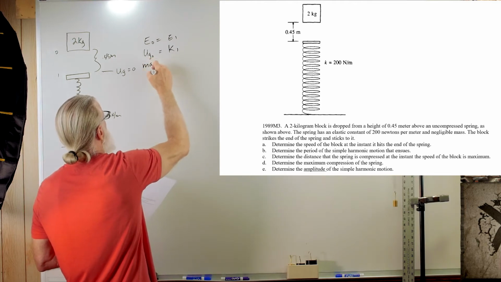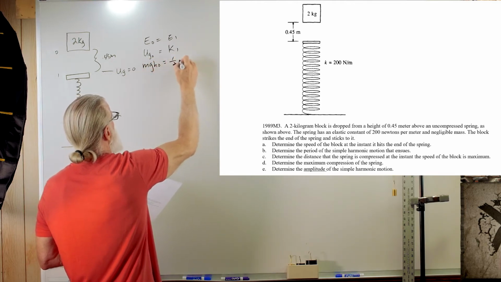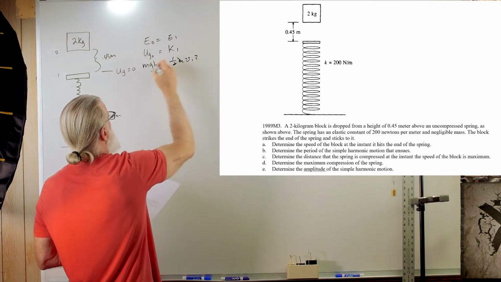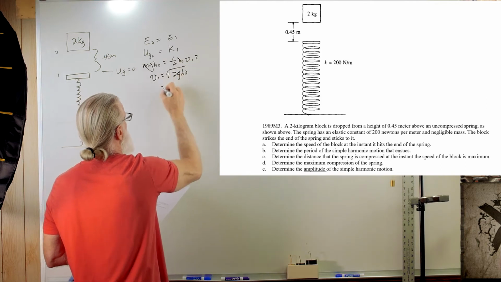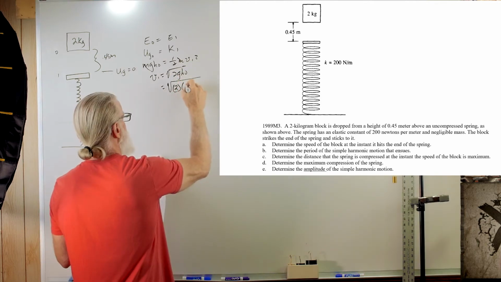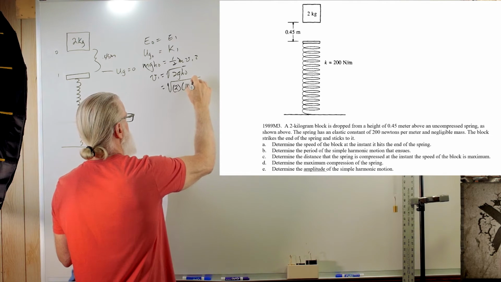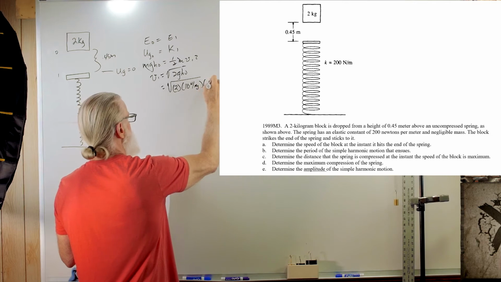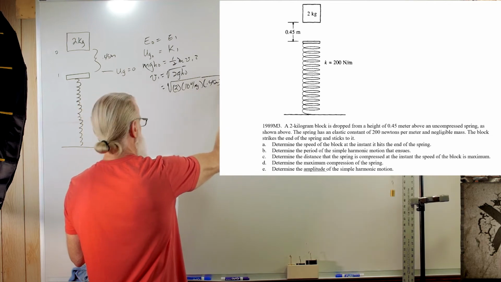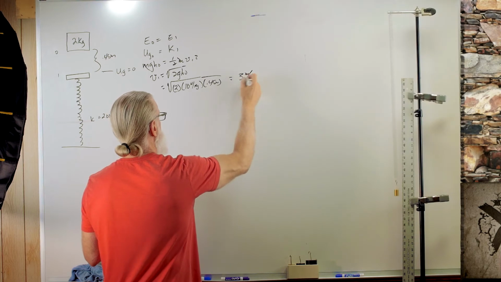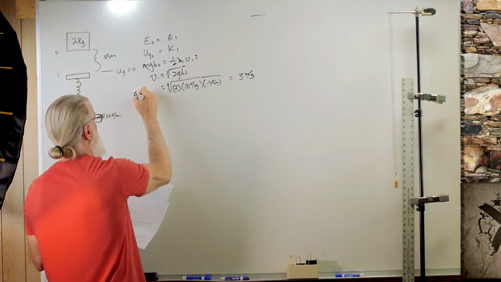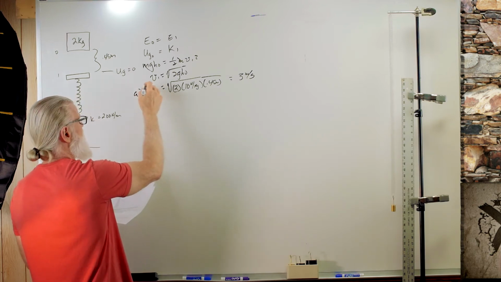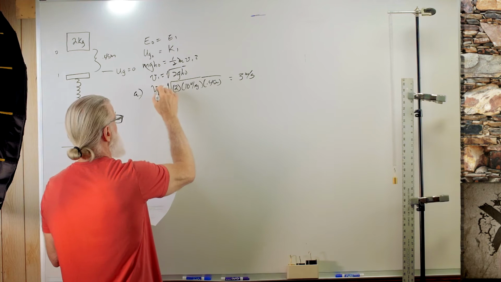So m g h0 equals 1/2 m v1 squared. The masses go away. v1 equals the square root of 2 g h0. That's 2 times, and if I use 10 newtons per kilogram for g, 0.45 meters, we end up with 3 meters per second. All right, just using conservation of energy. That was part A on the 1989 exam, so v1.